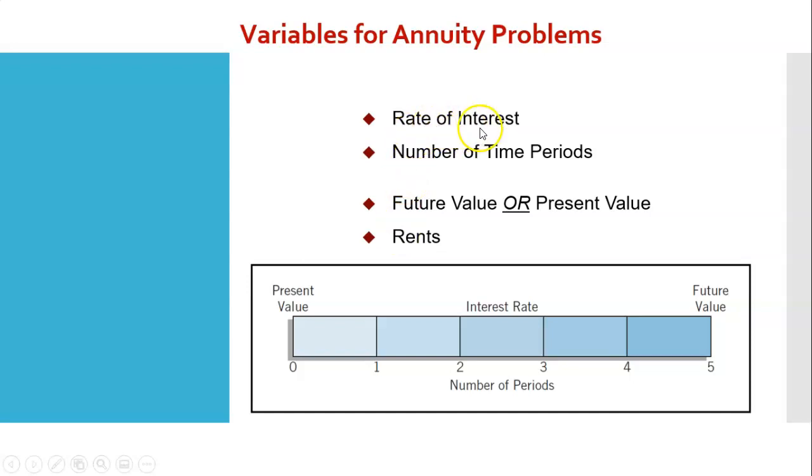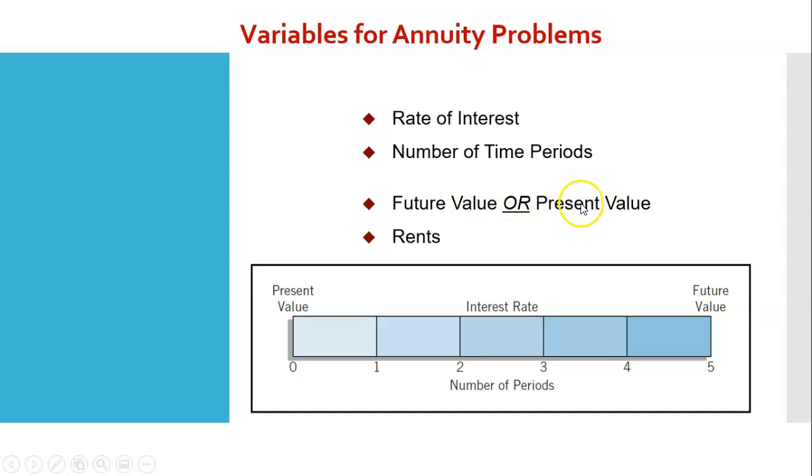We still need the rate of interest and the number of time periods. That's the same. But here we need the future value or the present value, whereas with single sum, we needed them both. So here it's one or the other.